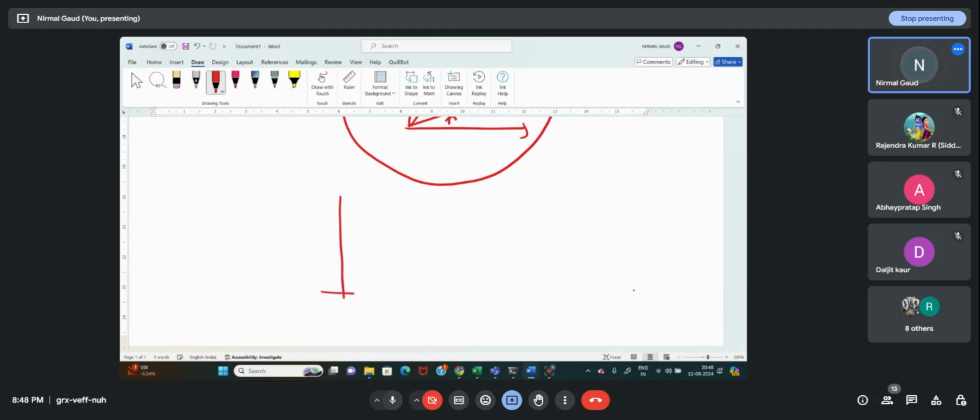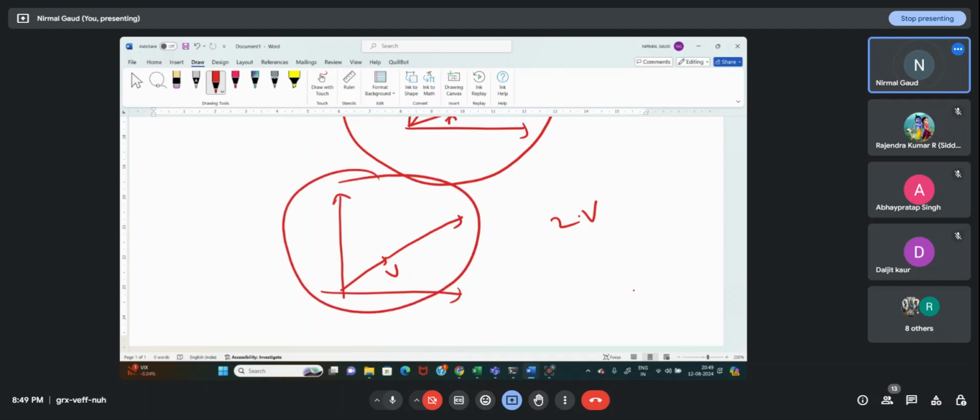This is your 2D, let's consider that it is my subspace. I am having a vector v. If I multiply this vector v by 2, this is the resultant vector. So this vector is still present in this 2D only. So obviously it's a subspace. It is following the properties of a subspace. So either zero vector, addition, or multiplication, everything should be present in this domain only. Then only it is called a subspace.